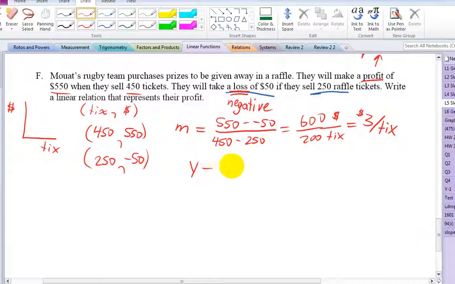y minus y1 equals m(x minus x1). Man, I've written this down so much I know it really well. I sure hope you've been writing it because that helps you memorize it. Although it will be given to you on your formula sheet. So I'm going to use the first point.